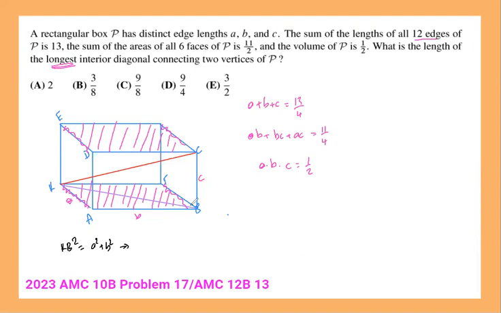And then if you use another Pythagorean on the triangle CBK, that would be KB squared plus C squared would be KC squared. Okay, so we already know this guy is A squared plus B squared, and then plus C squared will be the square of our space diagonal, which is what we are looking for.